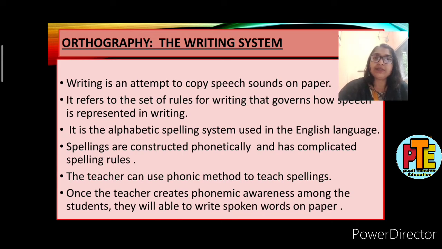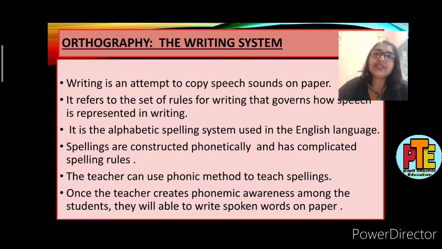These are phonemes. Every time you are reading, you are reading an alphabetic language, and when you are writing letters and words, those words or their spellings are constructed phonetically. So here you need to know the letter-sound correspondences.